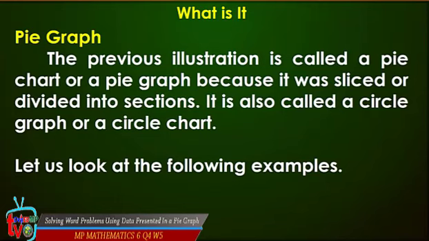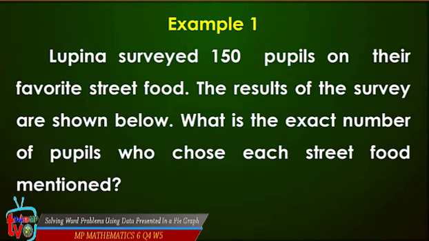The previous illustration is called a pie chart or a pie graph because it was sliced or divided into sections. It is also called the circle graph or a circle chart. Let us look at the following examples. Example 1. Lupina surveyed 150 pupils on their favorite street food.